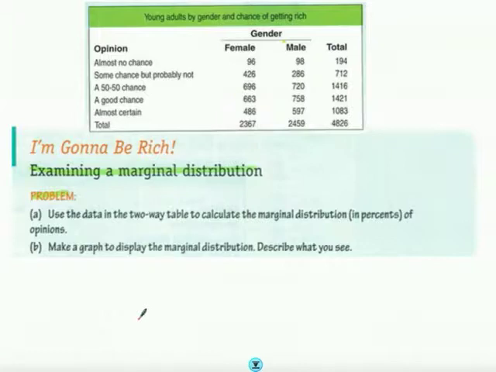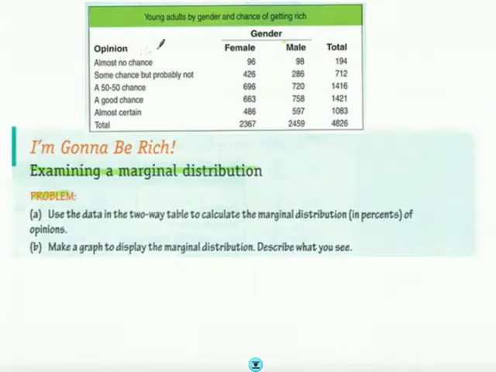Alright, so this is the same table again, and the problem this time is to use the data in the two-way table to calculate the marginal distribution in percents of the opinions. So remember, to do the marginal distribution, you take the total.